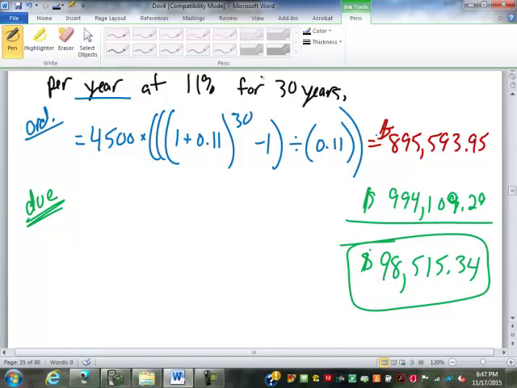Now the next phase is to switch over to, if I want a certain amount, how much do I have to pay in each month or each quarter or whatever?